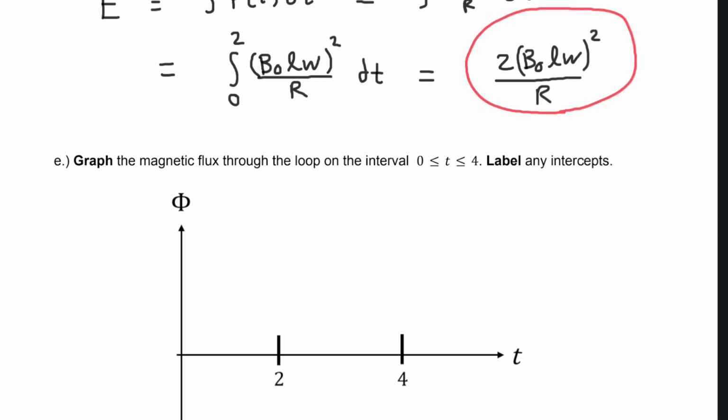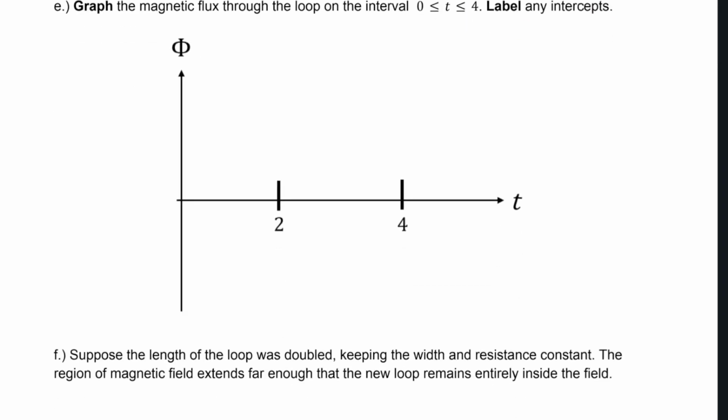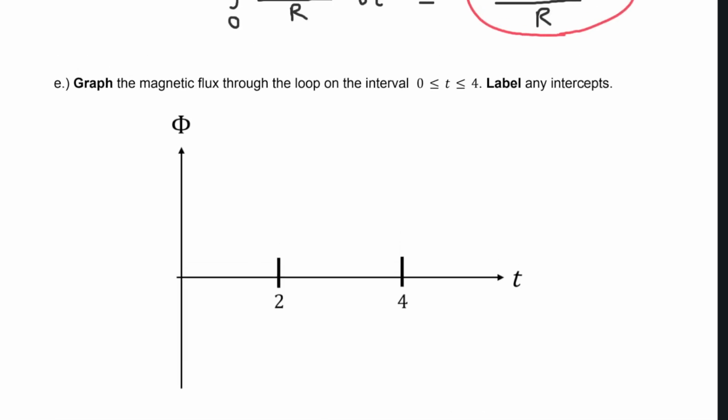Graph the magnetic flux through the loop on the interval 0 to t equals 4 seconds. Label any intercepts. So we know that the field is decreased to 0. So always try to get your extremes right. So we also do have to define a direction here. So we're going to say out of page is equal to positive flux.